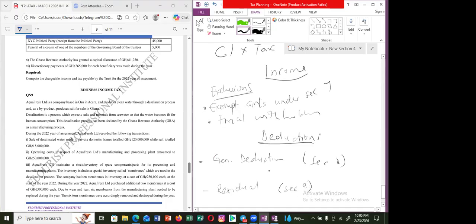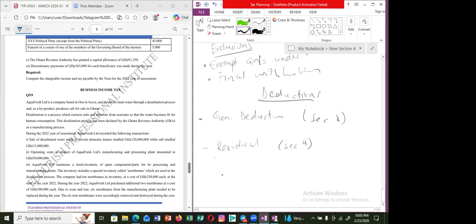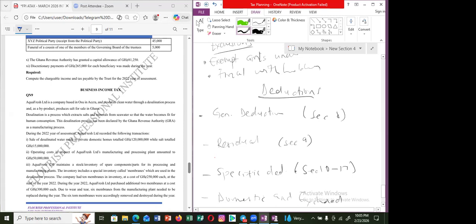And we have specific deduction rules, which range from section 10 to section 17. And then we also have domestic and excluded expenditures. So these are the major deduction rules.